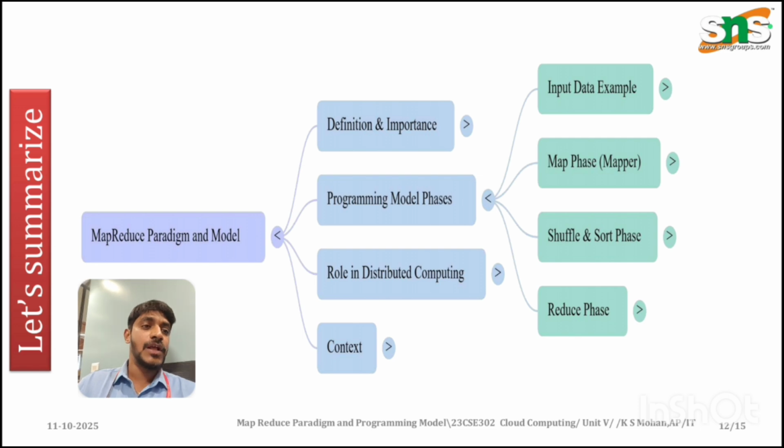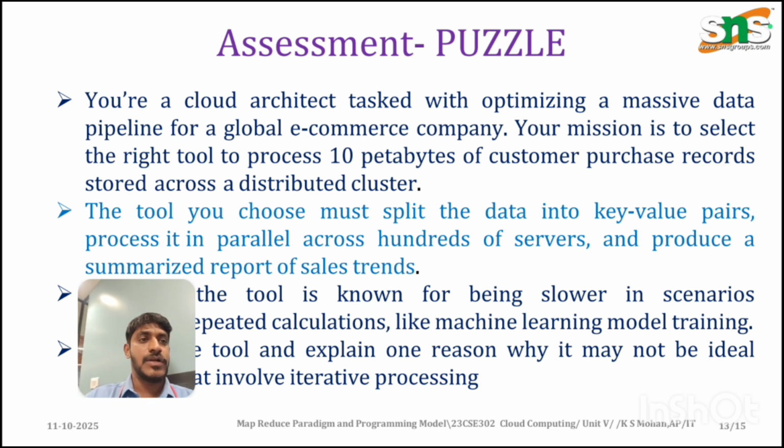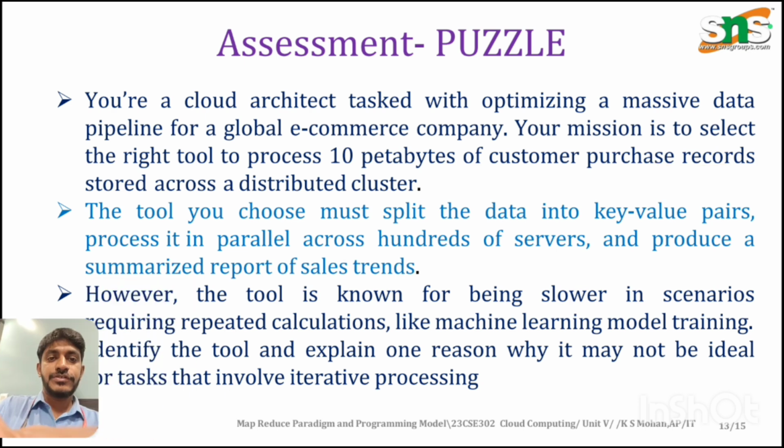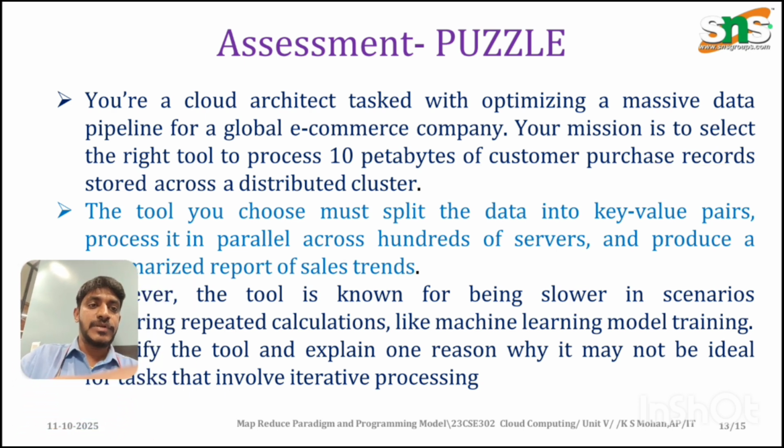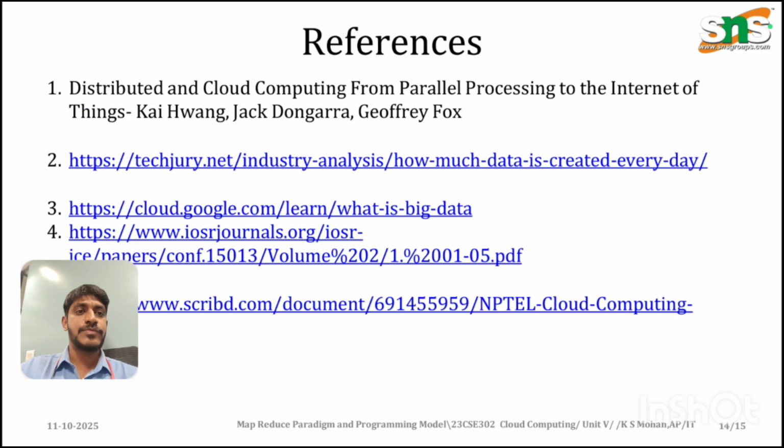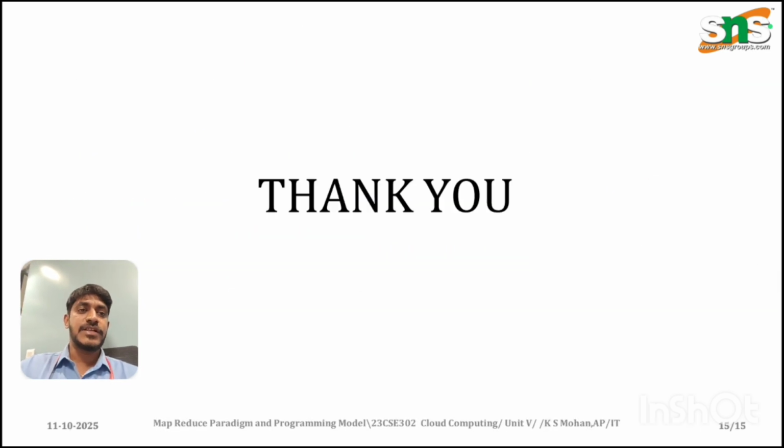Then the reduce phase completes the MapReduce process. In the assessment puzzle we are going to see, you must split the data into key values. These are about the MapReduce puzzle and references discussed in this topic.